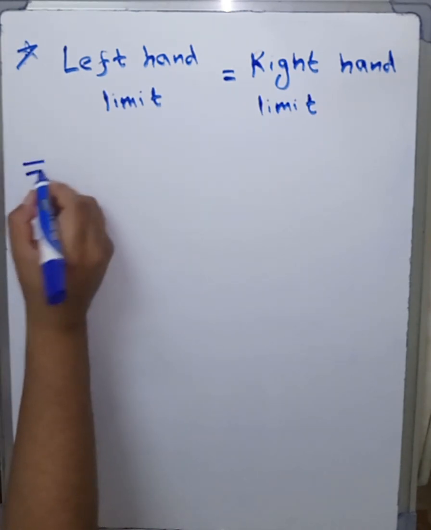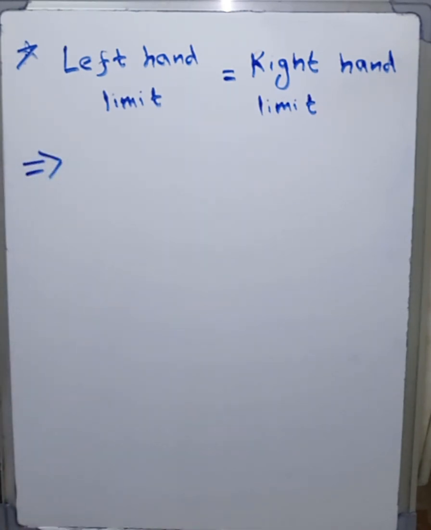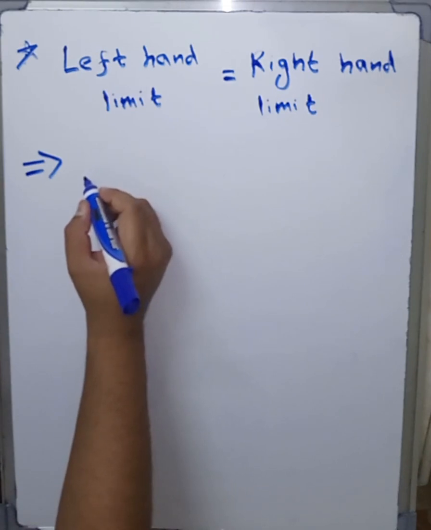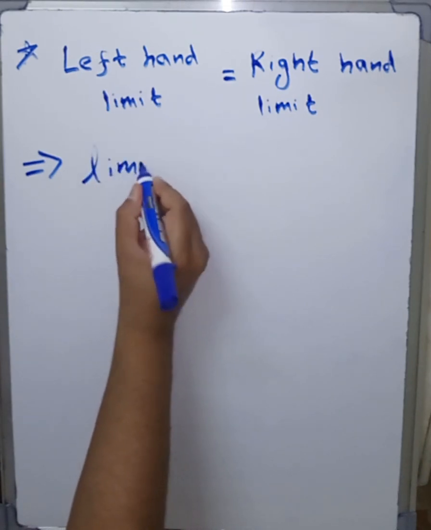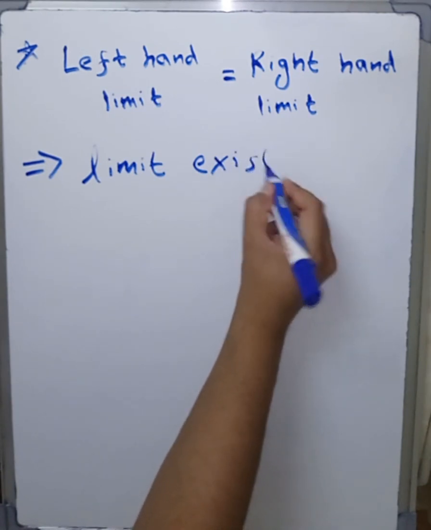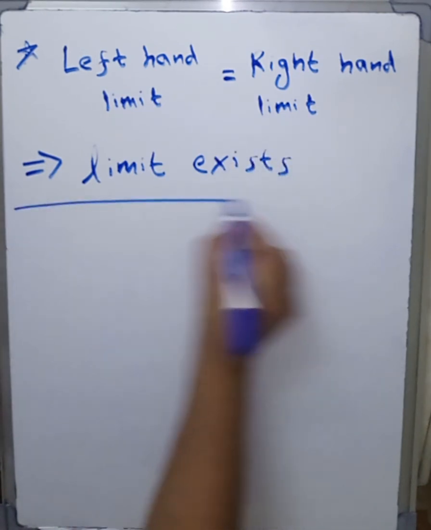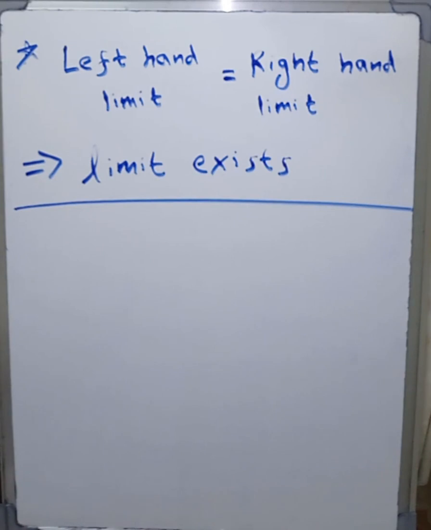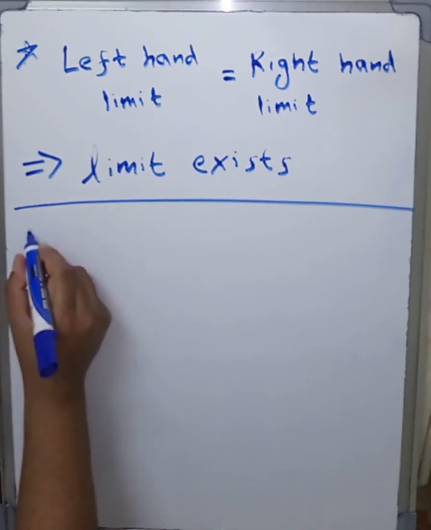In this case, we say that the limit exists. If the right hand limit and the left hand limit are not equal, we will say that the limit does not exist.